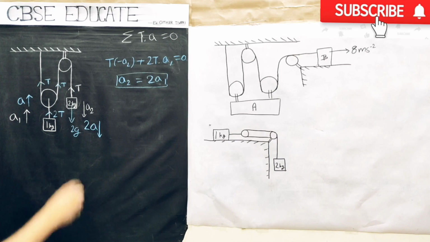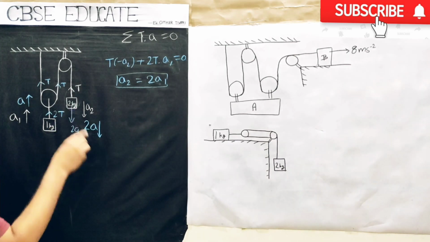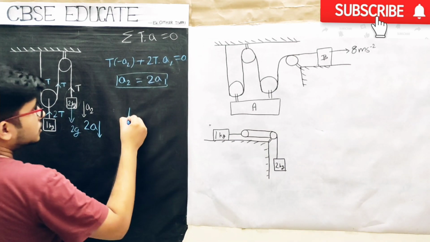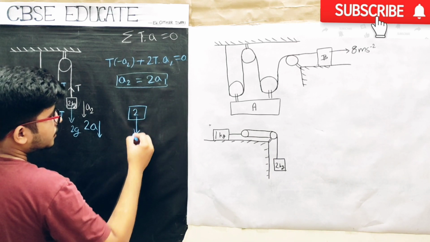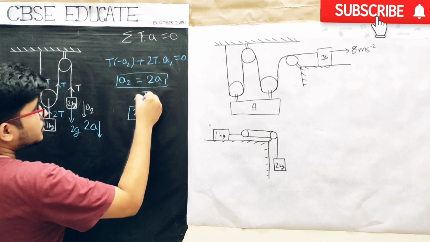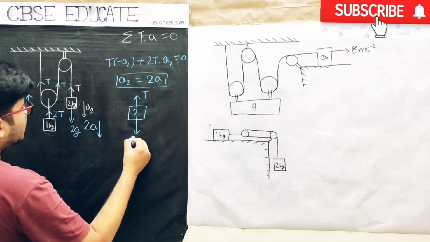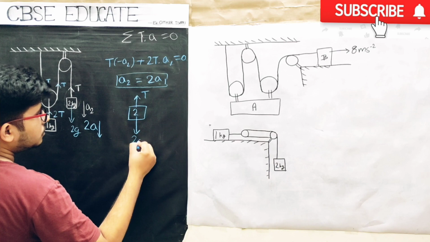Now drawing the FBD for this. See, here is the 2 kg mass, and here is tension T and here is 2g.